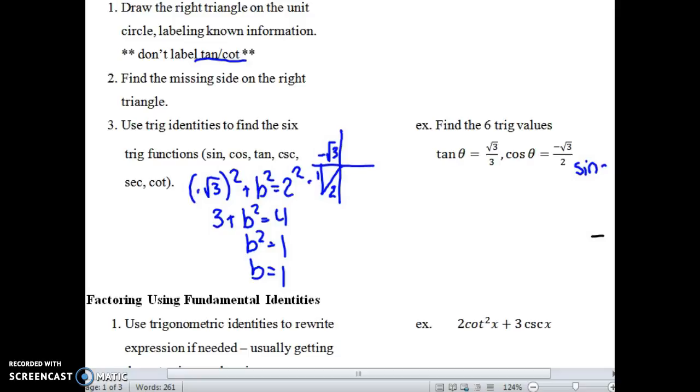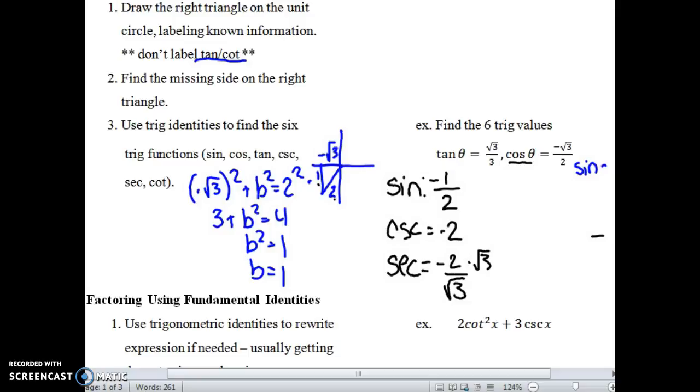From here, I am going to now find all my other trig values. So sine is going to be negative 1 over 2, using opposite over hypotenuse. Cosecant would be the reciprocal of that, or negative 2. The reciprocal of cosine is secant, so that is going to be negative 2 over root 3, which is unacceptable, so I'm going to rationalize it by multiplying both by the square root of 3.